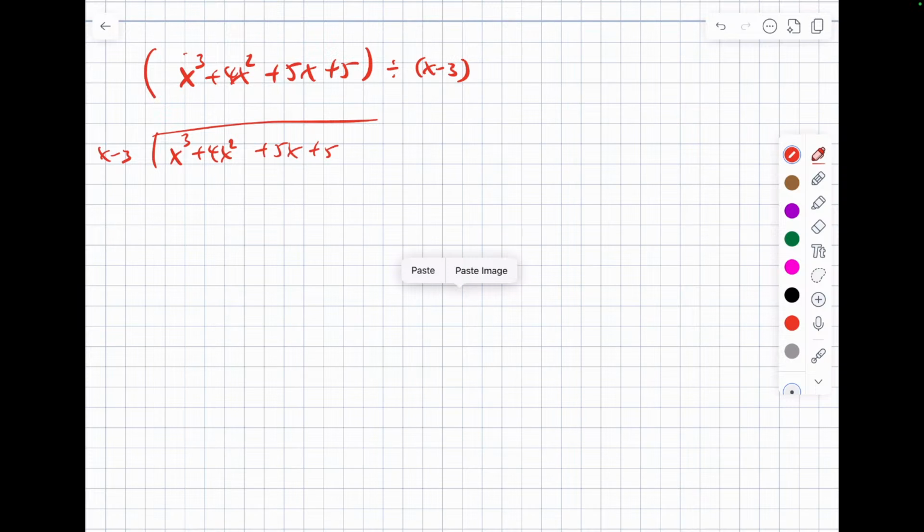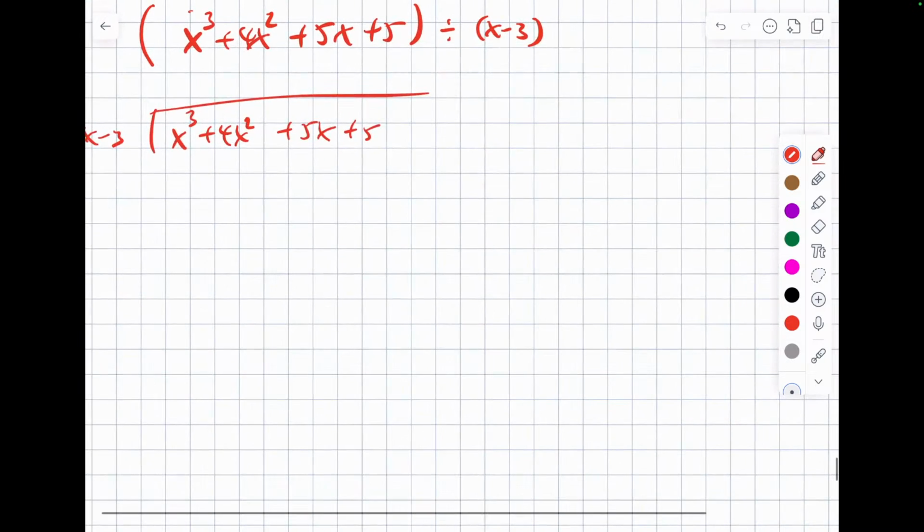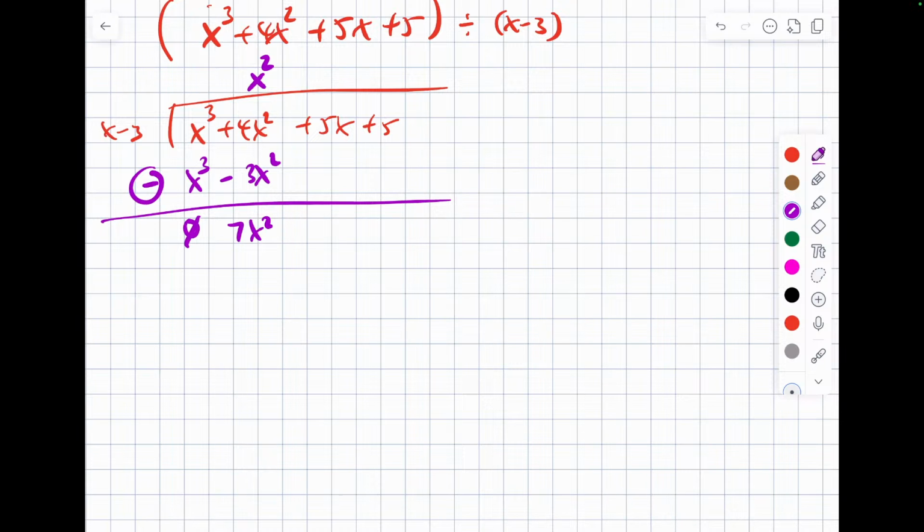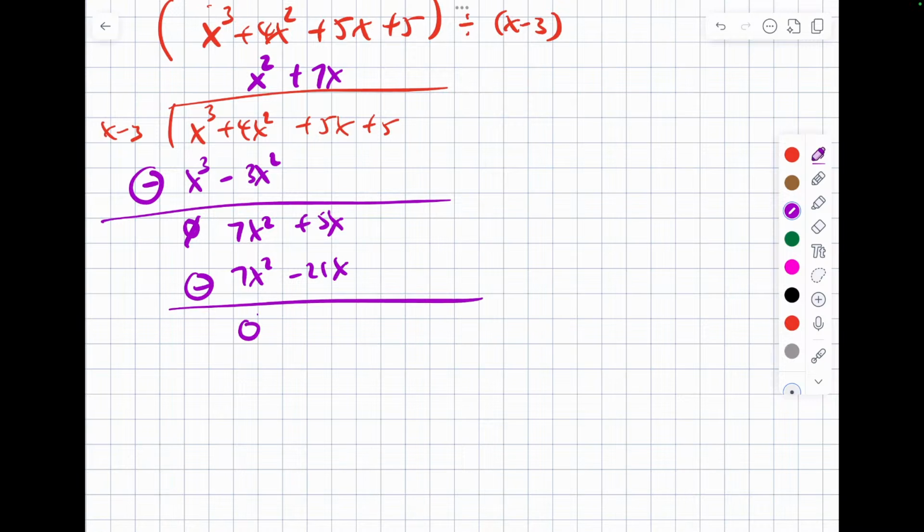All right. So I'm gonna start with the second term. I'm gonna go with x, I'm gonna go with x squared. So it'll be x to the third minus 3x squared. And this is a minus sign. So this is 0, this is gonna be 7x squared plus 5x. So it's gonna be 7x squared minus 21x, and again this is a minus, so this is gonna be 0.